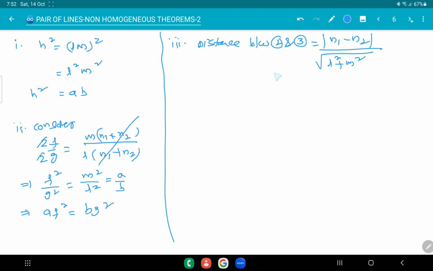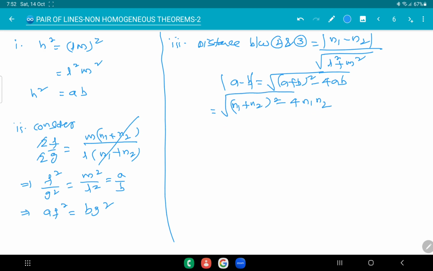Observe that a minus b can be written as the modulus of root of (a plus b) whole square minus 4ab. Now this n1 minus n2 can be written as root of (n1 plus n2) whole square minus 4 n1 n2, by root of l square plus m square.